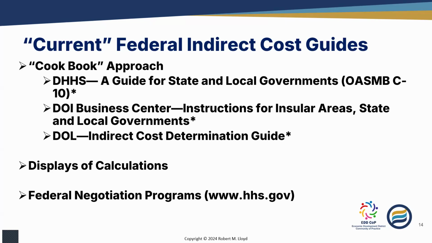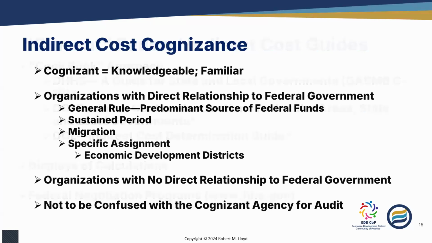Now, slide 15 gets to the issue of indirect cost cognizance. And the first thing to keep in mind, according to that last line on the slide, is this is not to be confused with the cognizant agency for audit. The cognizant agency for audit is the Inspector General's office of the agency that provides your organization with the largest amount of federal funds, whether that comes to you directly or indirectly.